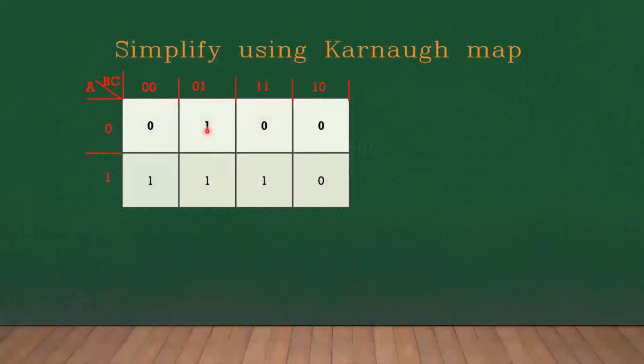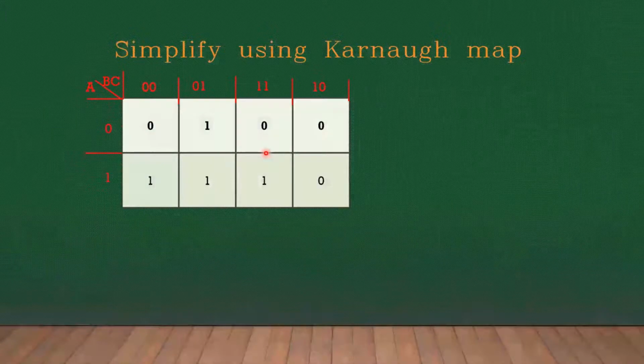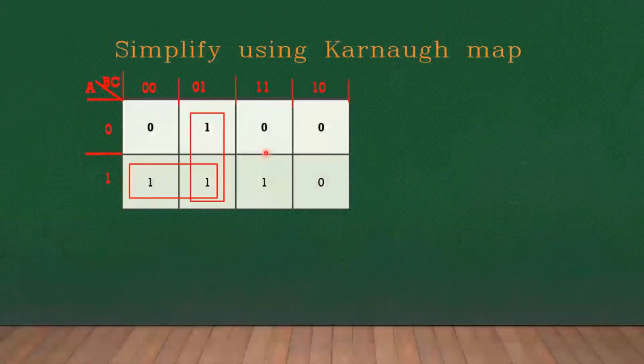So here we can group these ones, and this also, and this also. This is possible. We could have 3 groups: one vertical, another horizontal, another horizontal.